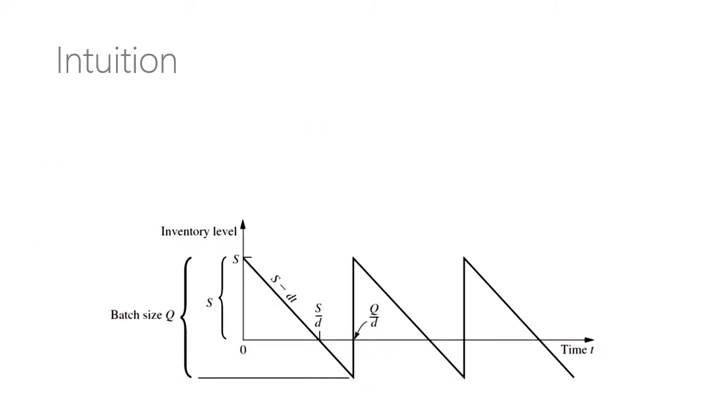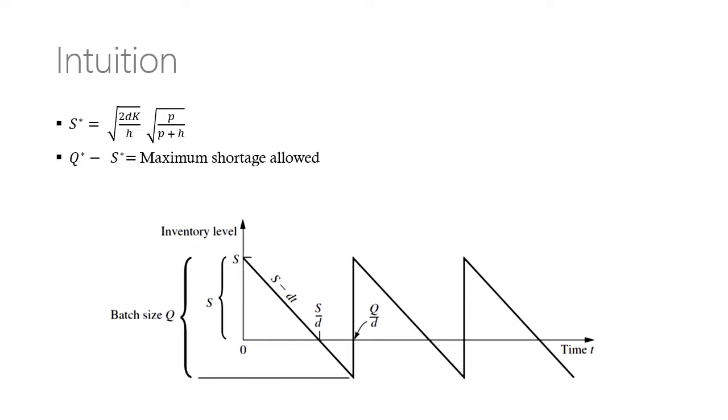So let us have an intuition into the mathematical model that we developed in the previous video. These are the number of units or inventory level just after a batch of Q units has arrived, and Q minus S is the maximum shortage allowed for the total cost to be minimum, as we are using the Q star and S star.